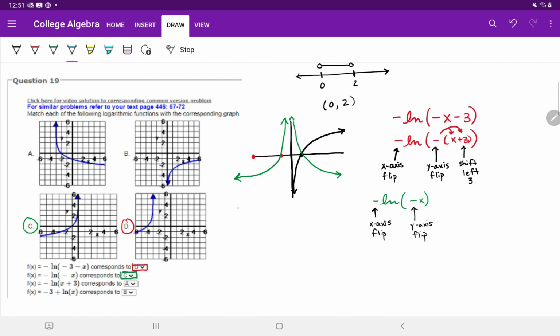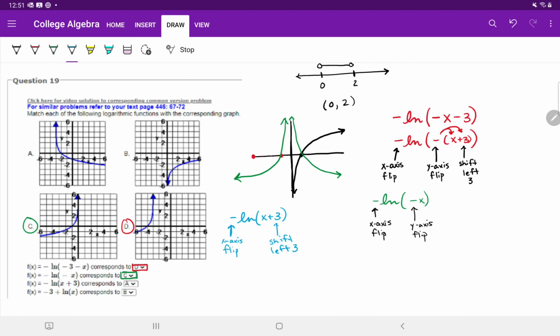For the next one, we're dealing with negative natural log of x plus 3. The negative out front is an x-axis flip, and the plus 3 on the inside of the function represents a shift left 3. Remember, it's the opposite of what you would think it is.